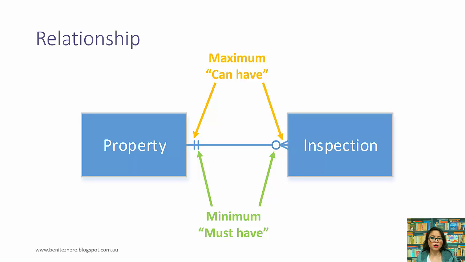An inspection can be associated to one property, and on the minimum level, a property must have at least one inspection, but again, because it is a many notation at the end of a relationship, it needs to be zero or many. And on the other side, an inspection must always be associated to one property. An inspection cannot exist without a property.